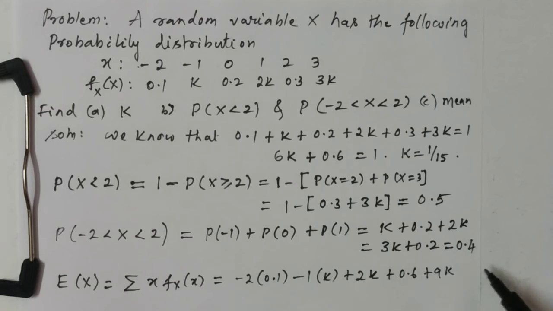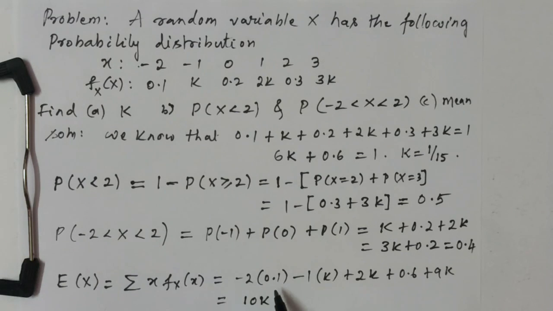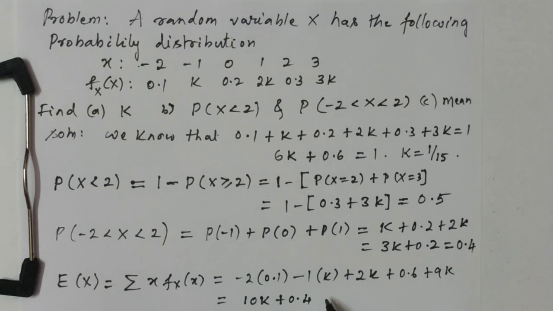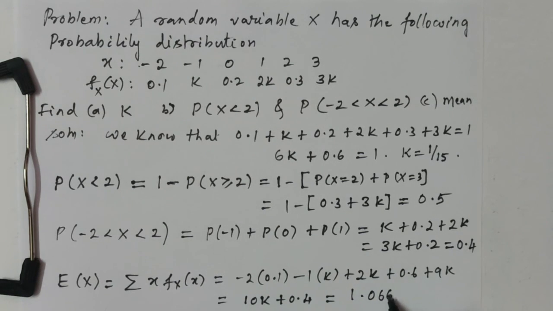So 9 plus 2, 11k minus 1k, that is 10k. So minus 2 into 0.1 is minus 0.2, plus 0.6, that is plus 0.4. Substitute k equal to 1 by 15 and simplify to get the answer 1.0667.